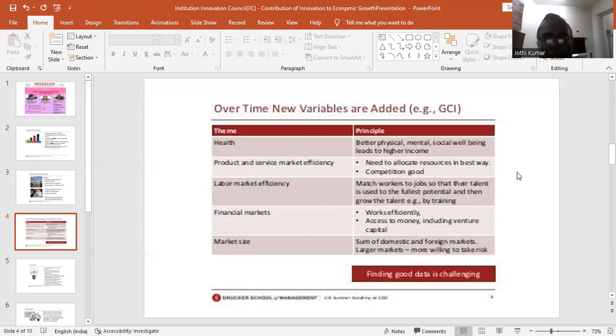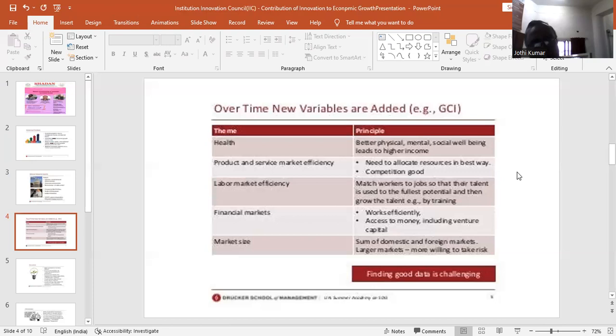Then labor market efficiency is matching the number of workers to the number of jobs so that we can use the workers to their fullest potential and contribution, and then only can we grow the talent, for example, by giving training. And then the financial markets we can develop by working efficiently, on who is accessing the money, including venture capital.